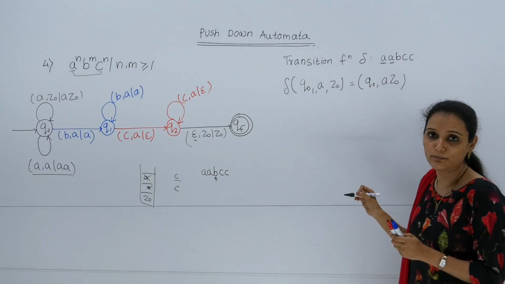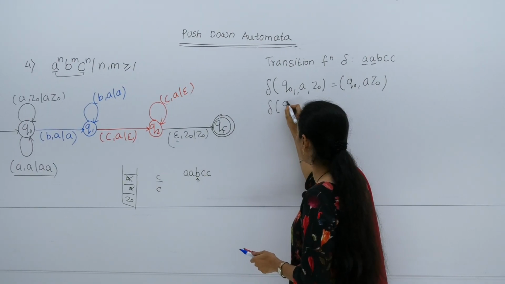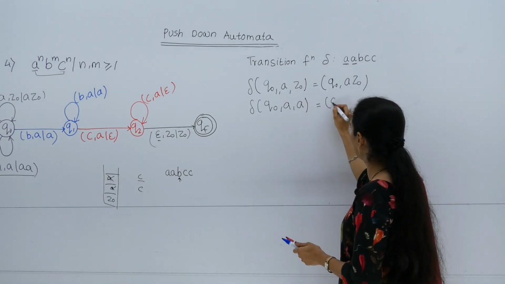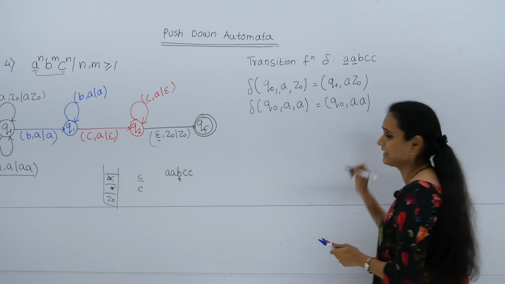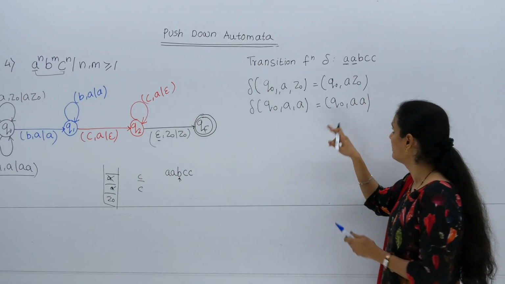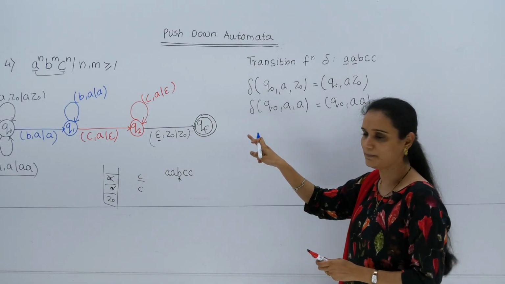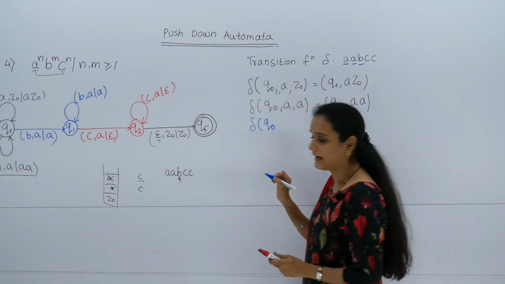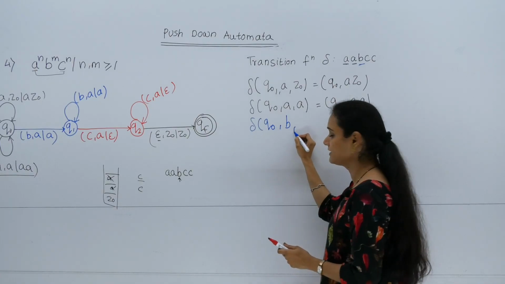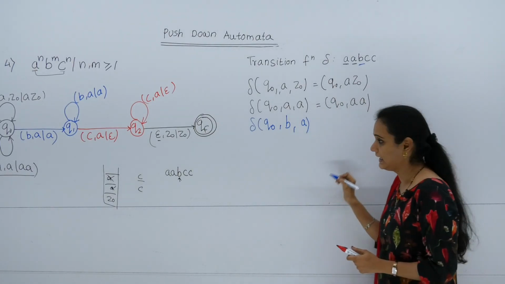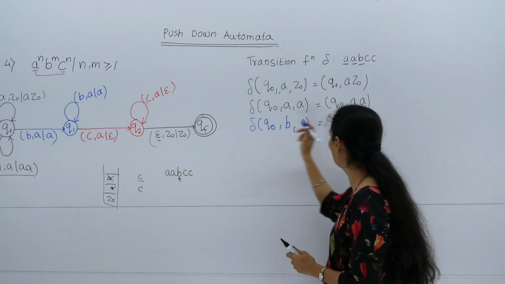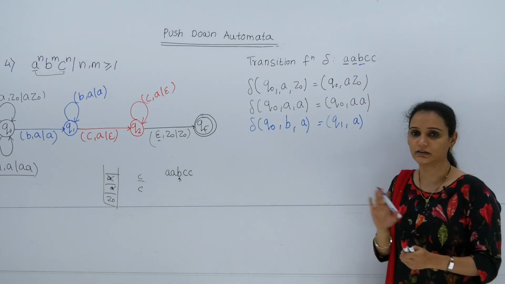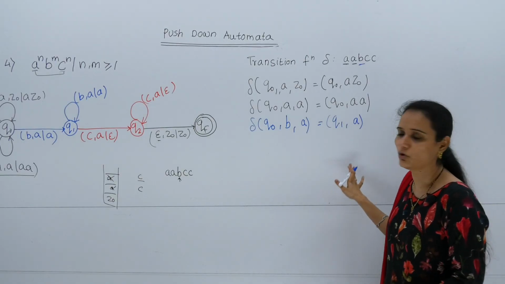The next symbol to be read is A, therefore delta Q0, A, top of the stack is A, and it comes to the Q0 state and the stack contents look like A, A. Now we are at the first B. Still at the Q0 state, we obtain the first B, and at that time the top of the stack is A. When I read the first B, I move towards Q1, and we are not performing the pop, only reading and ignoring the B.